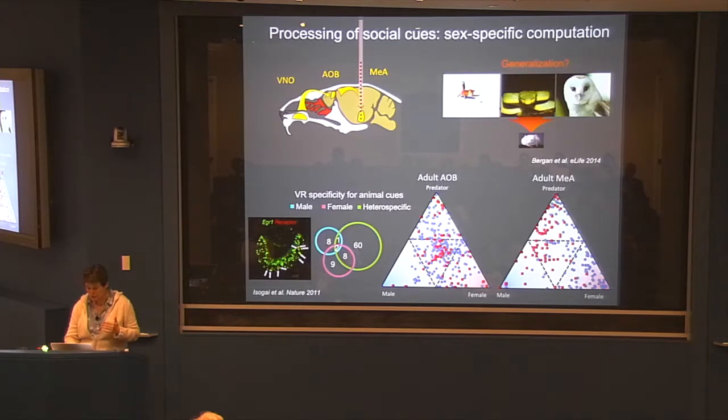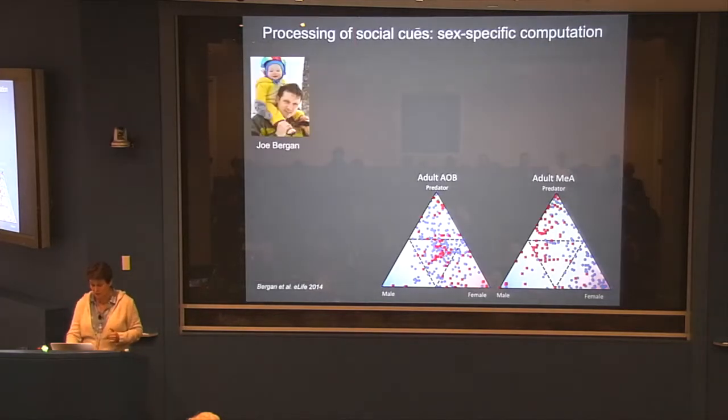Interestingly, if you look at the red dots, recorded from the female brain, many of them are sensitive to predators or to male cues, but almost none are sensitive to female cues. So in other words, these females are sensitive to predators and cues from the other sex. Similarly, the blue units are sensitive to female cues and predators, but very few are sensitive to male cues. So there is a very clear sexual dimorphism here.